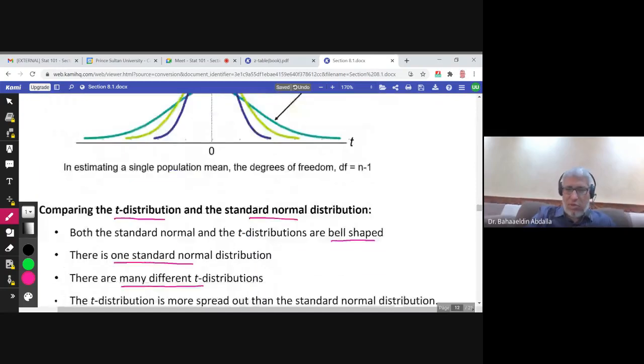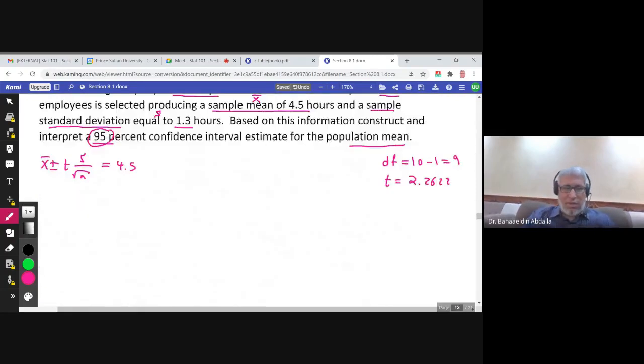Yes. So 4.5 plus or minus 2.2622 times s, which is 1.3 over square root of n, which is 10.